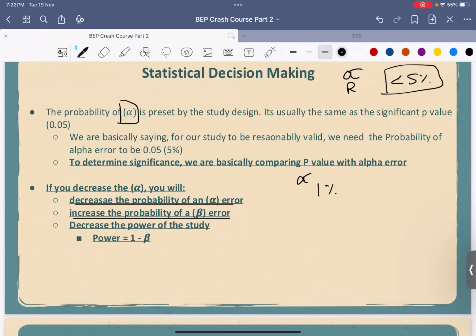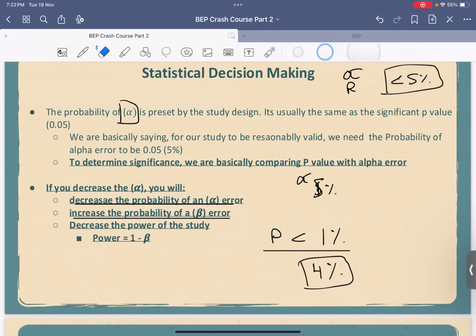If we make it 1%, we'll be saying that the p-value has to be less than 1% in order for the data to be significant. And if we're saying that, then we are also increasing the chance of accepting the null hypothesis, because now, even if the p-value was 4%, I will accept the null hypothesis. Earlier, if alpha is 5% and we got a p-value of 4%, then we would reject the null hypothesis.